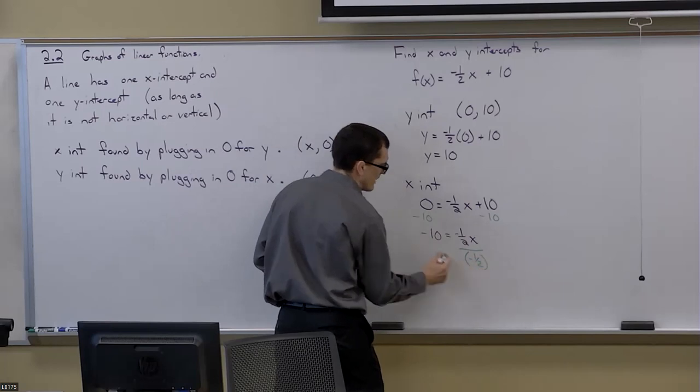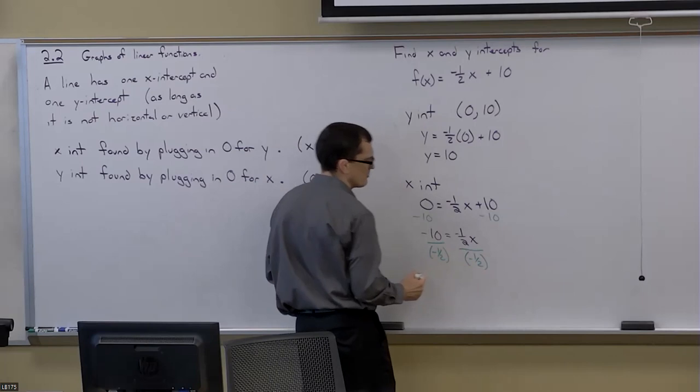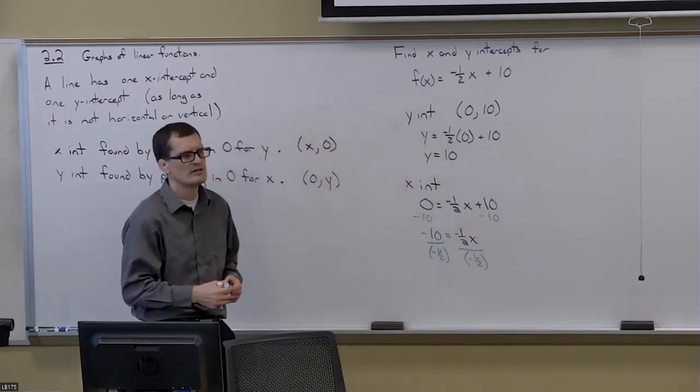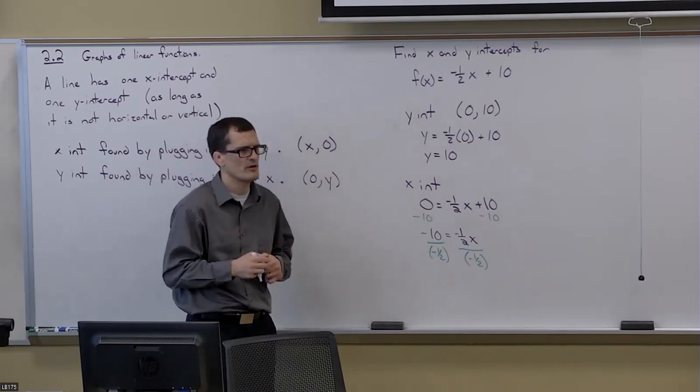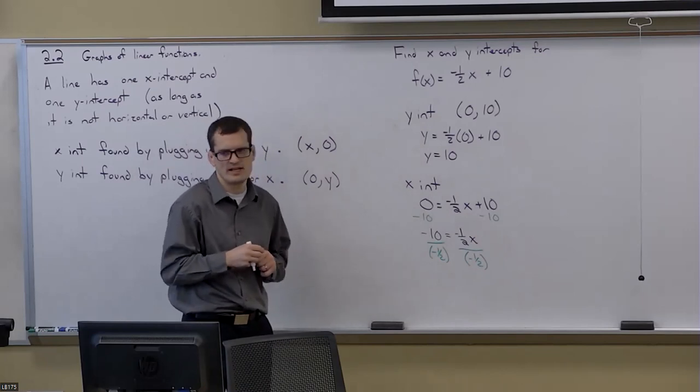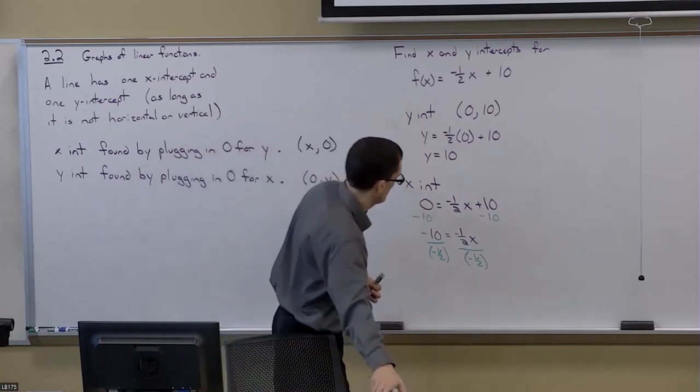When you're dividing by -1/2, you could have also multiplied by -2. Dividing by a number is like multiplying by its reciprocal.